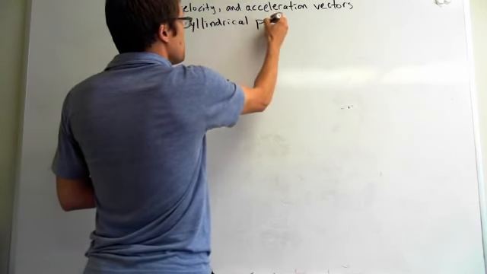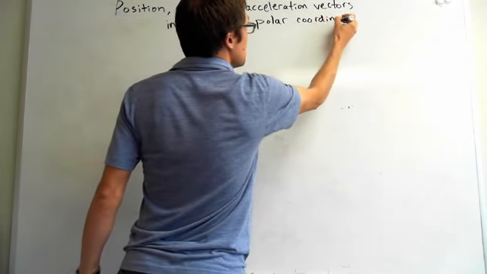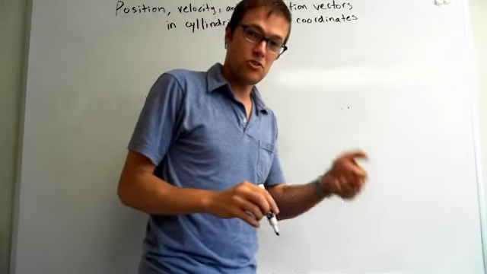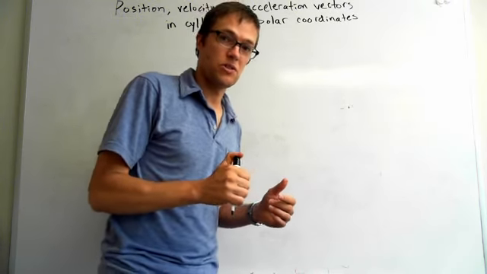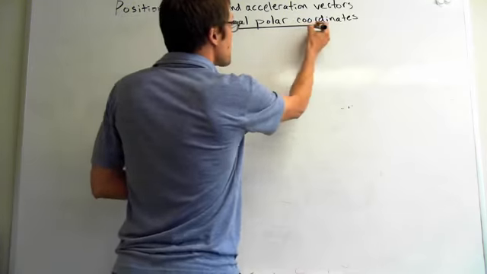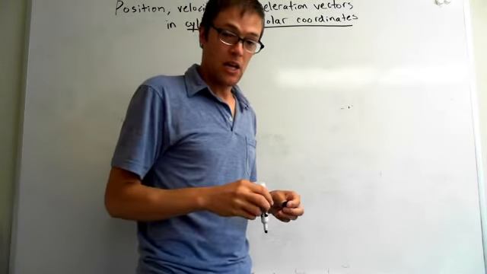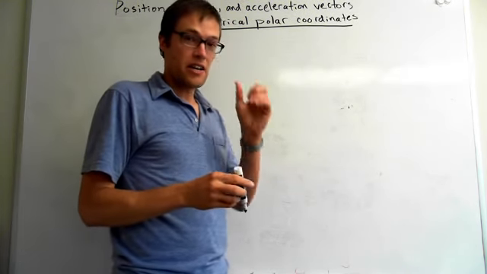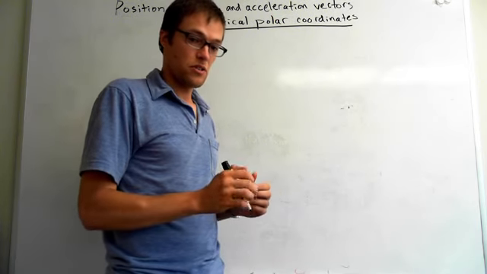Sometimes people just say polar coordinates, but I'm using cylindrical polar because there's another coordinate system called spherical polar coordinates, which is different. So this is the main topic today. Let's start off with a diagram to illustrate what this cylindrical polar coordinate system is about.